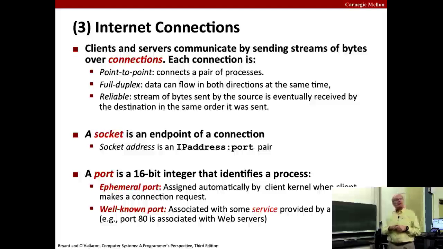Then there has to be some way, if I'm going to contact, say, google.com, the DNS will tell me its IP address, but I have to know whether I'm communicating with its web service, which is port 80, or HTTPS, a secure socket, which is a different port number. So which service am I asking for?